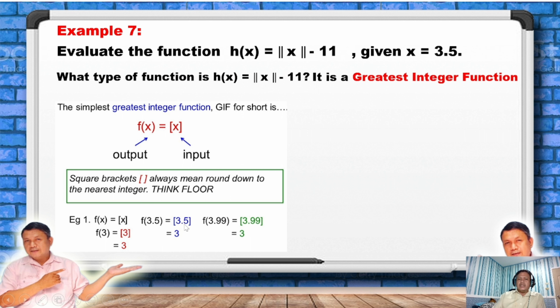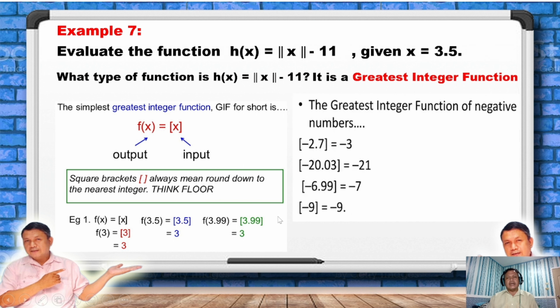Ibig sabihin, hindi mo kailangang i-round off. Siyempre, di ba nasanay na tayo na kapag 3.5, pwede nating i-round off. Hindi po. So, copy lang ang whole number natin which is 3. Kagaya nito, baka ma-confuse kayo, 3.99. Eh, baka maging 4 ang sagot nyo. No. So 3 lang din. Yung whole number na nasa unahan ng decimal, yun lang po ang ating magiging sagot.